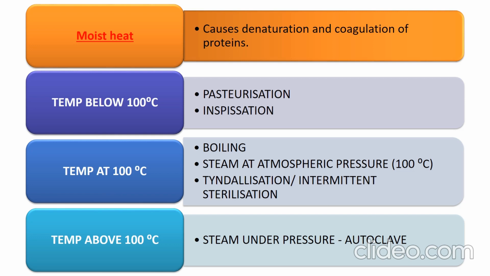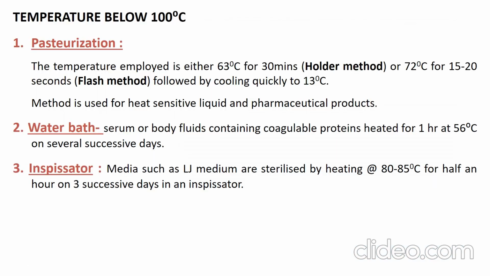Next is moist heat sterilization. Moist heat sterilization can be at temperatures below 100 degrees Celsius, at 100 degrees Celsius, and above 100 degrees Celsius. Below 100 are pasteurization and inspissation. Pasteurization is used for milk, and inspissation is the procedure used to sterilize media containing proteins.